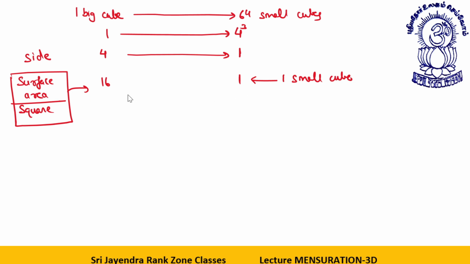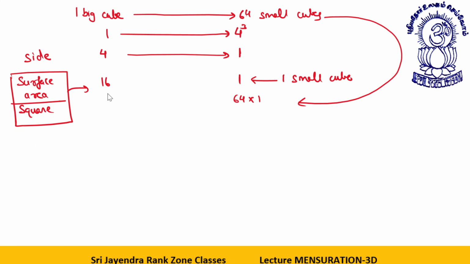Then second thing, my dear students, will be what? If I talk about surface area, this will be 1. But how many cubes are there? 64. For 64 small cubes, it will be 64 into 1. So what will be this ratio?